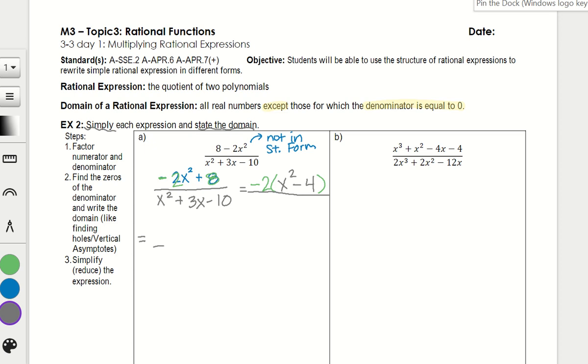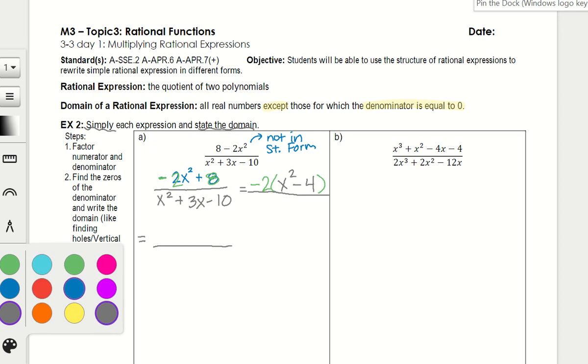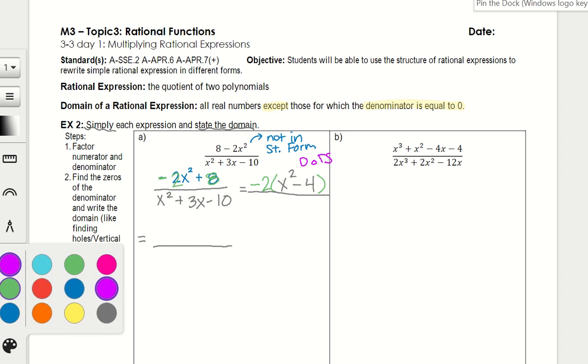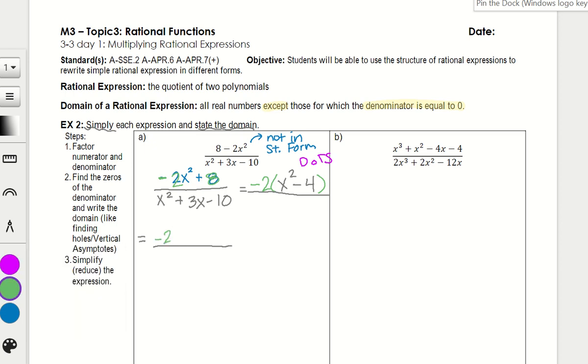I'm going to write a new fraction because I see that I can factor x squared minus 4 again. Isn't this a difference of 2 squares? So when I have something like this, I can factor out the negative 2, but now what I'm left with is the difference of 2 perfect squares. So if I take the square root of the x squared, that means that my a value is x.